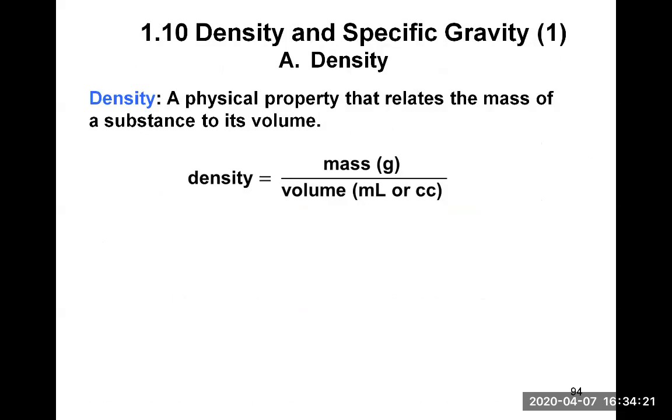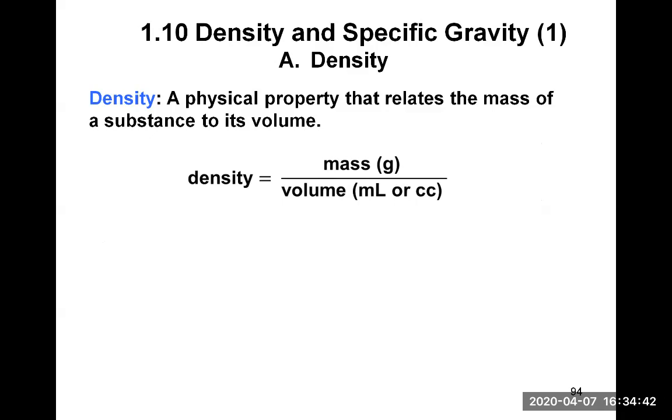Now we will go over density and specific gravity, which are related. First, density. Density is a physical property that relates the mass of a substance to its volume. The formula is given in your reference for Unit 1.